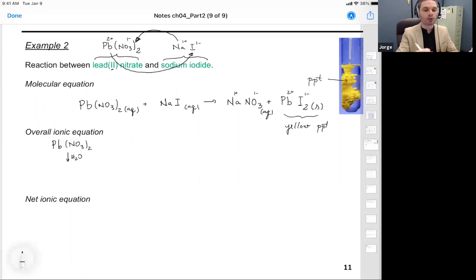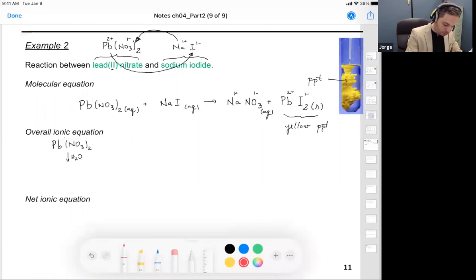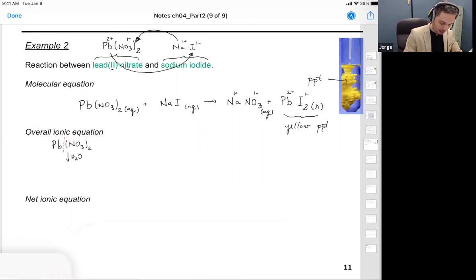Therefore, when you dissolve the solid in water, the water is strong enough to break the interaction between lead and nitrate, and that's going to produce lead 2+ aq and nitrate 1- aq.